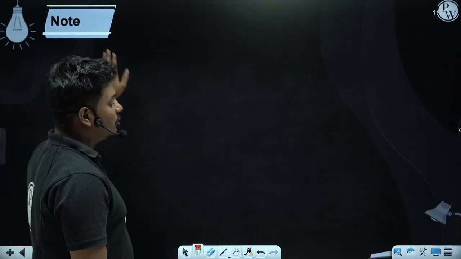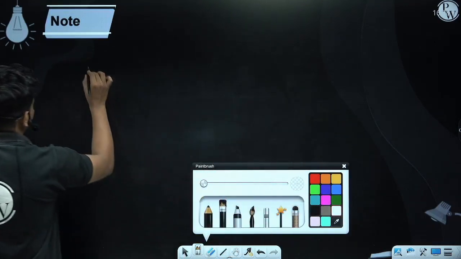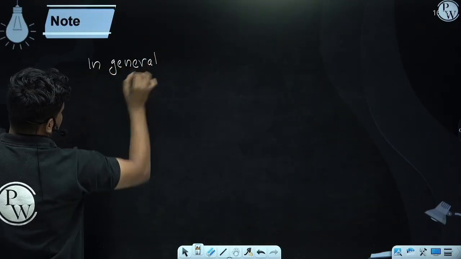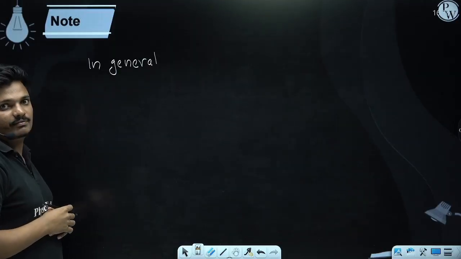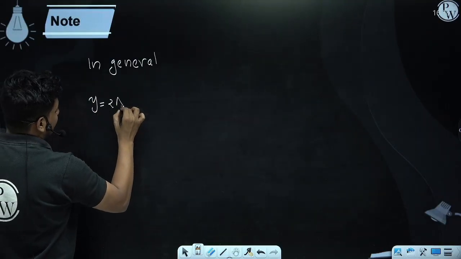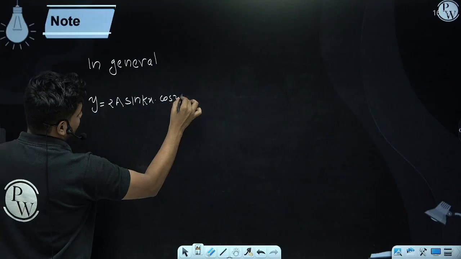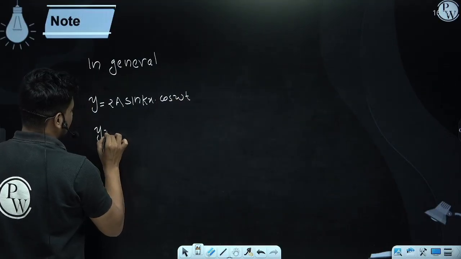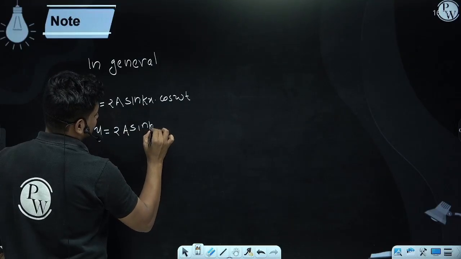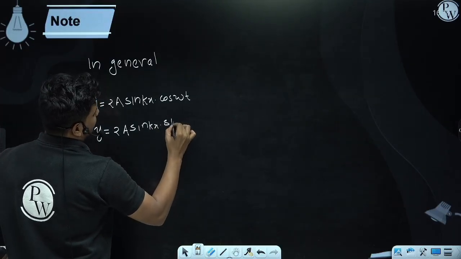So in general we can check the whole scenario. In general we can say y is equal to 2a sin kx into cos omega t, or the next possibility is 2a sin kx into sin omega t.